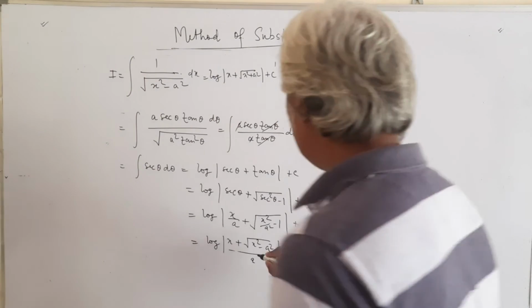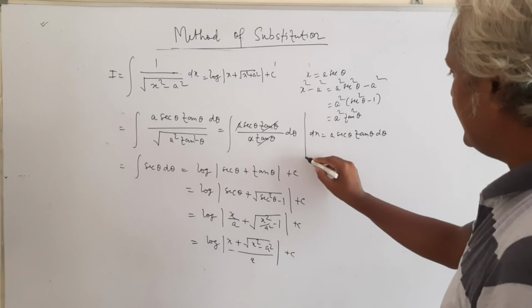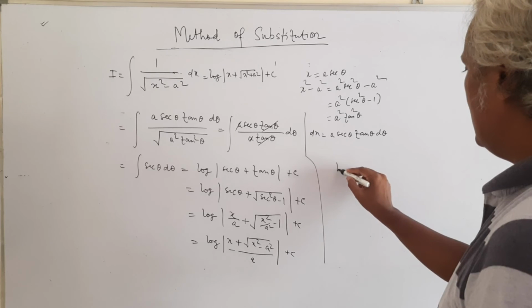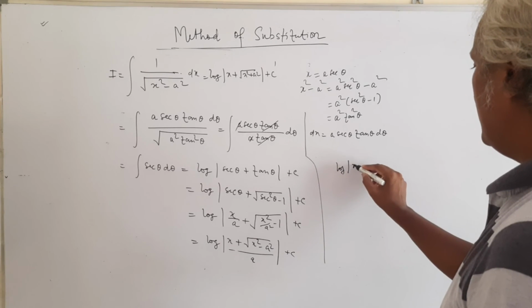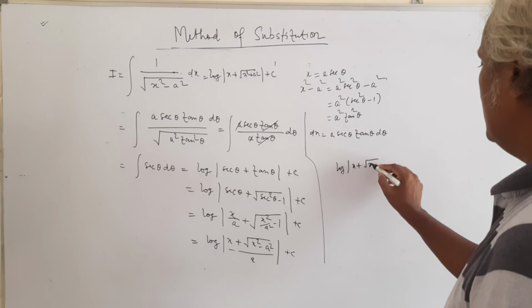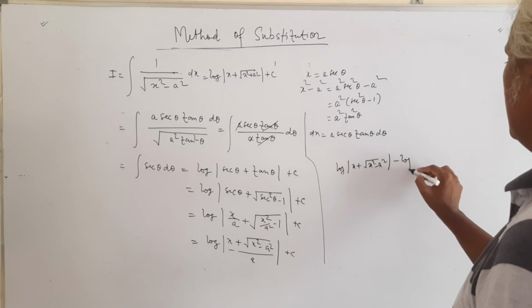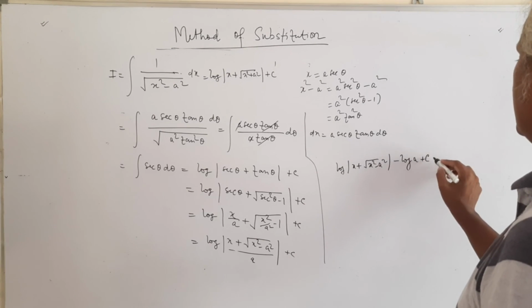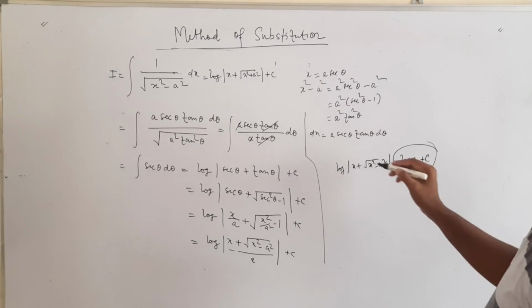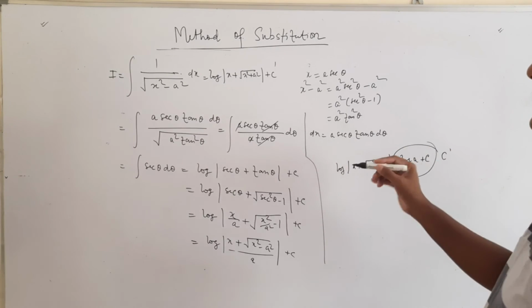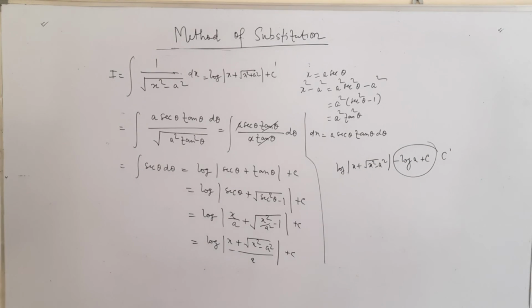So what exactly we are getting here is log mod x plus under root x square minus a square minus log a plus c. Now this thing I am taking as c dash.